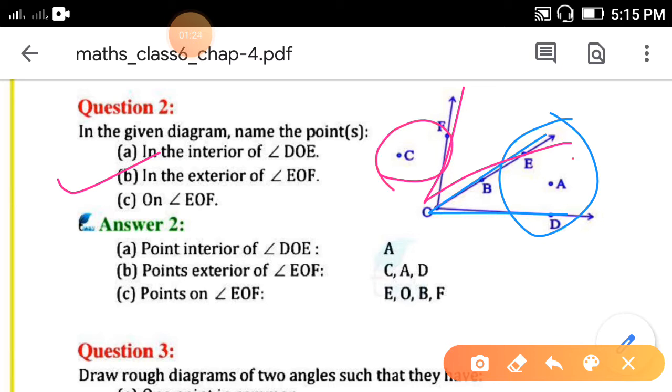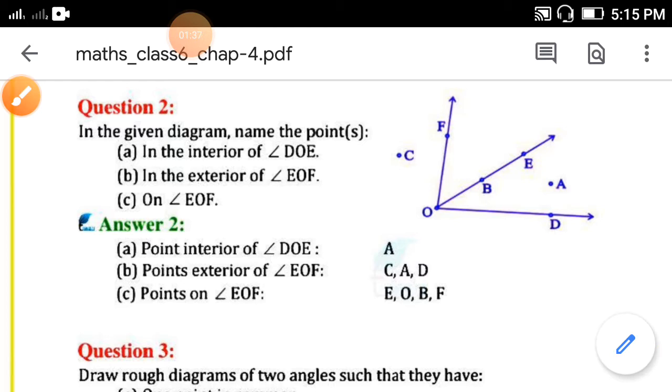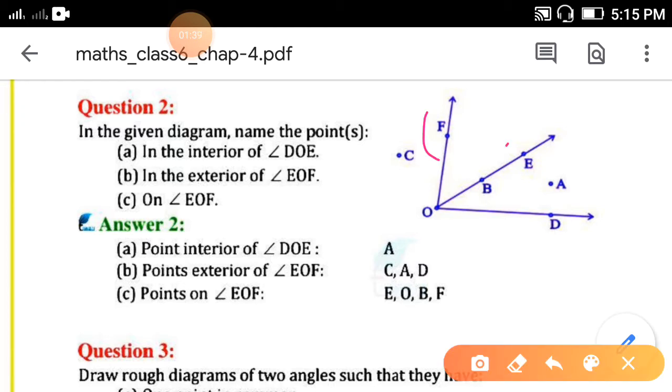C, then A and D. And B and E are given on these lines. Then on EOF, here E, O and F, on this EOF, 4 letters are there: E, B, O and F.